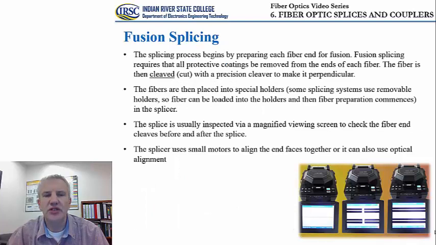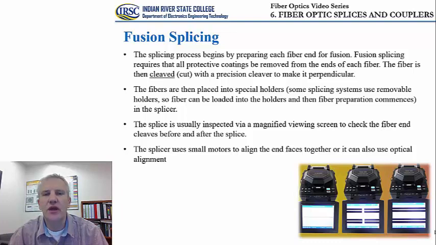So here's a little bit more information about fusion splicing. So again, the whole procedure described. We first have to prepare each fiber end for fusion. Fusion splicing requires that all protective coating be removed from the ends of each fiber.